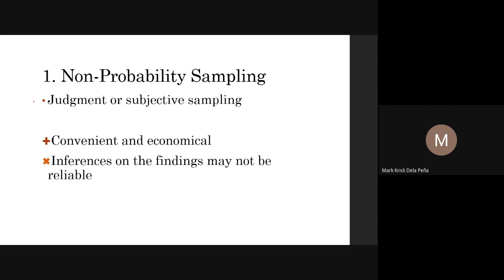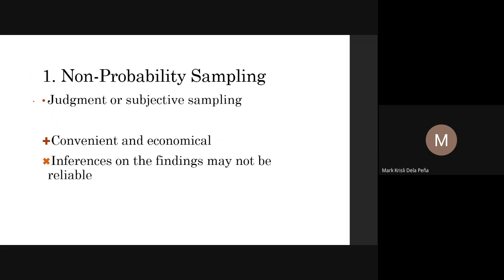The correct term is it's convenient, because we select participants, or we call them respondents, based on our judgment, and it's also economical, and we can save time in the selection process. However, generating conclusions or analyzing the data might be difficult, or it might not be reliable.